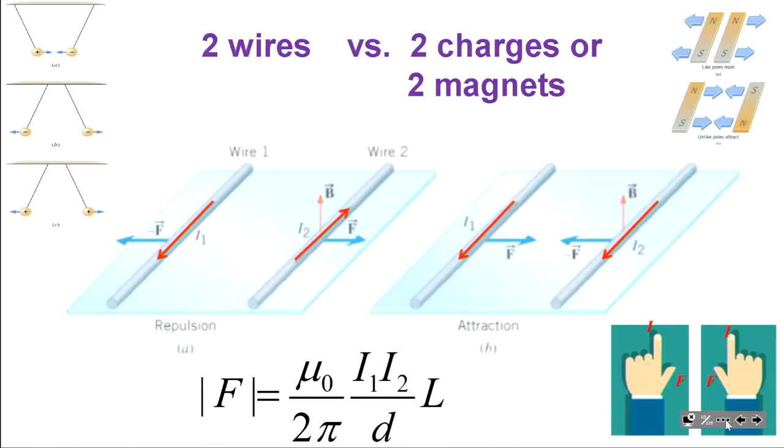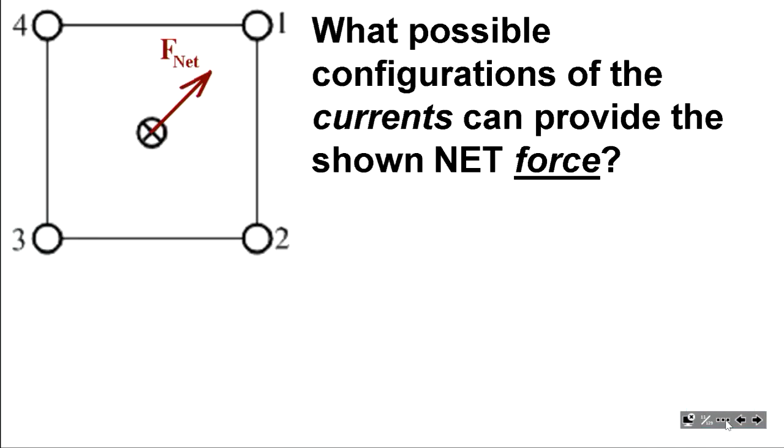Well, so that was our last problem with two wires interacting. This is a review. And now let's just do a couple more examples before we move into the next topic. Here we have five long wires.